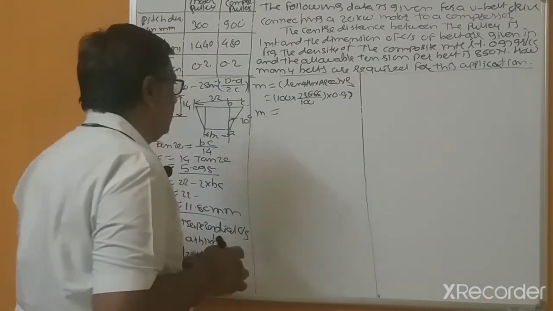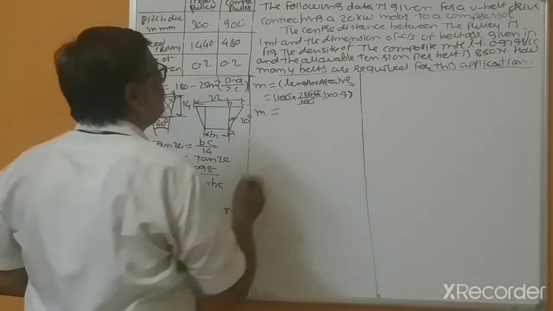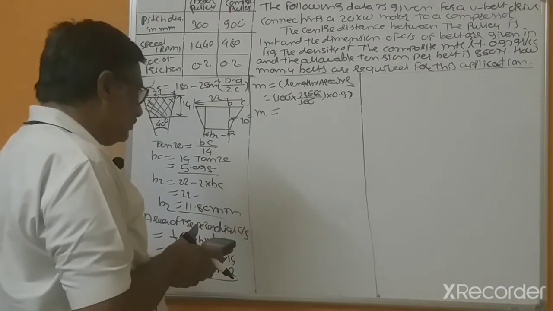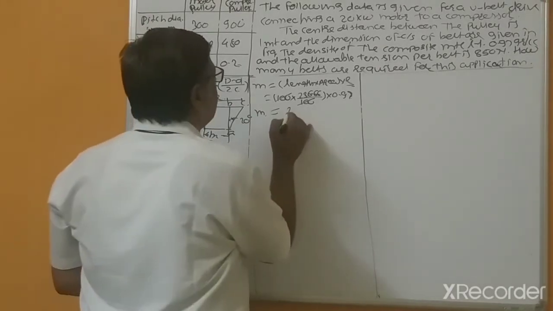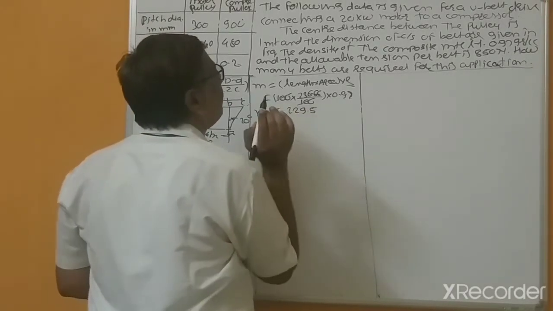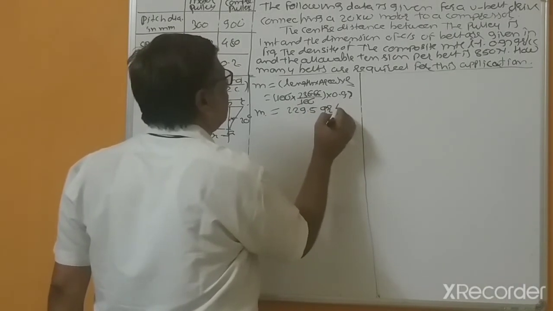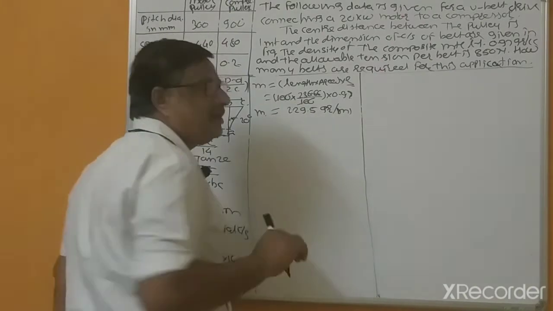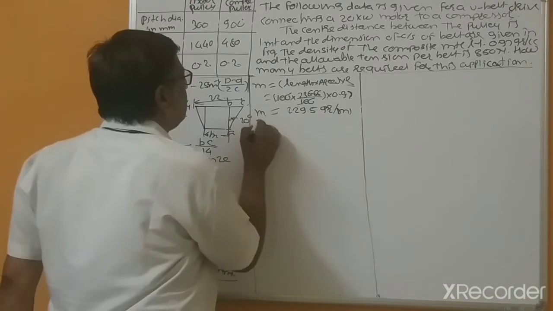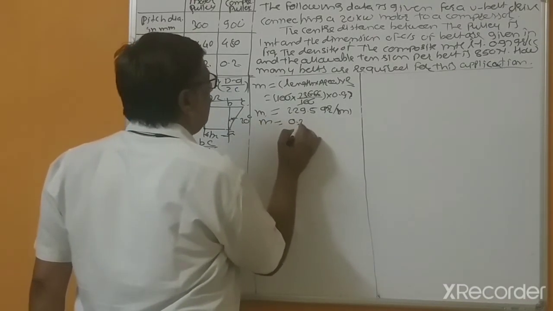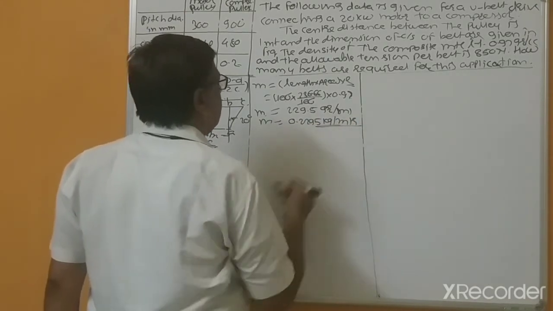Mass equal to 229.56 gram per meter, because we consider this length equal to 100 centimeter. So that's why m equal to 0.2295 kg per meter.